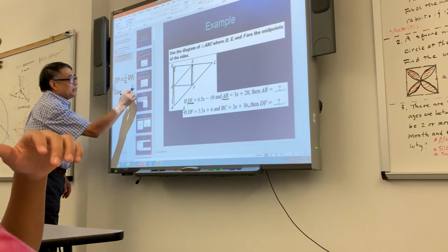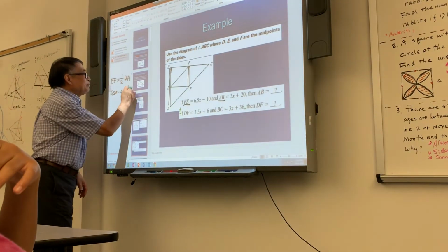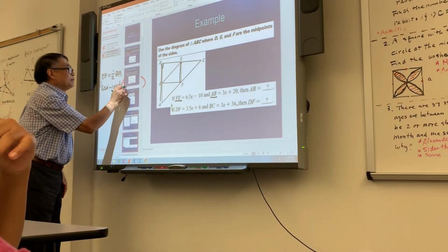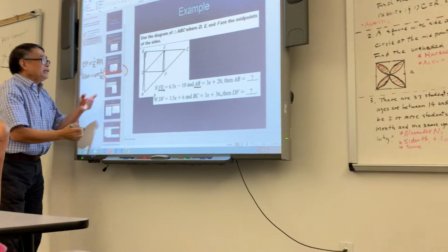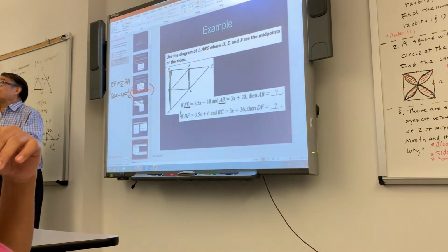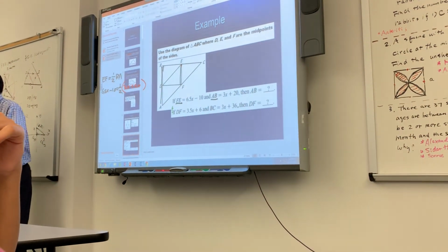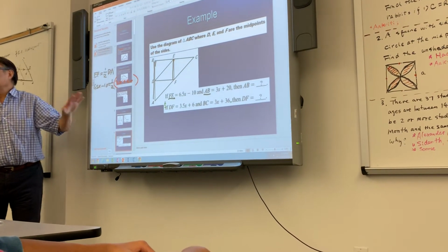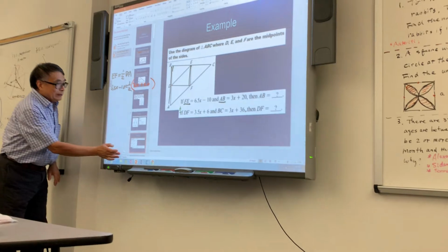AB is 1/2 times (3x plus 20). Then you solve this equation. You understand me or not? Yes, good. Because of time, I don't want to go over it in detail. If you say, Mr., I don't understand how to do it, I'll show you. Now, next.